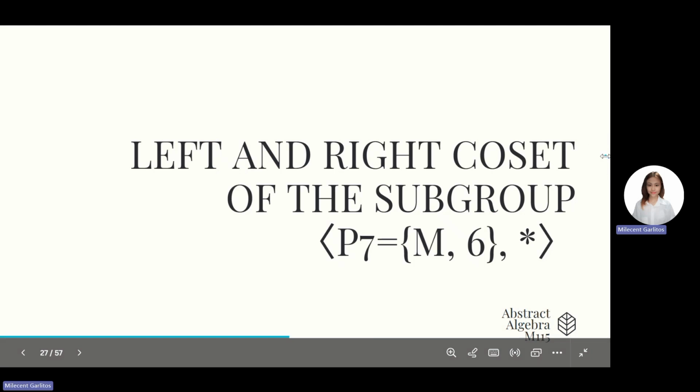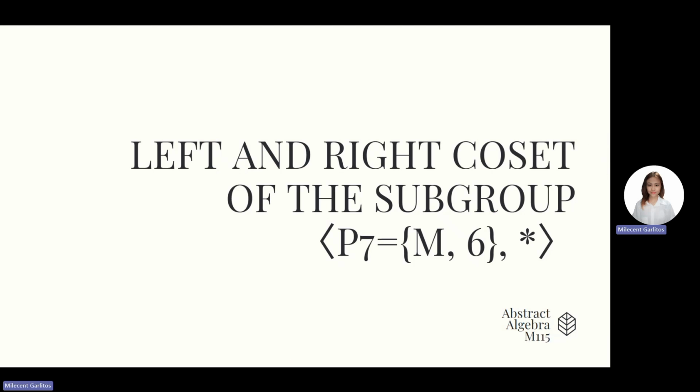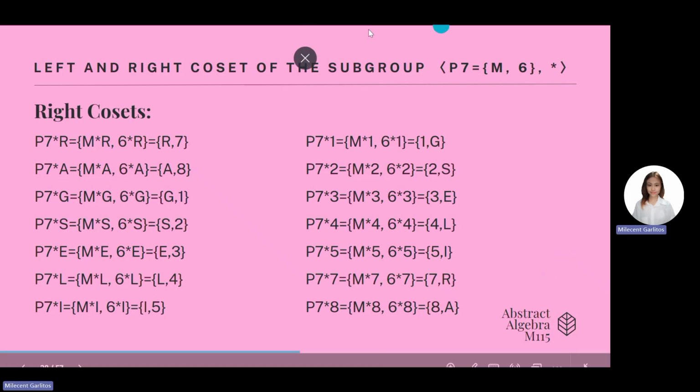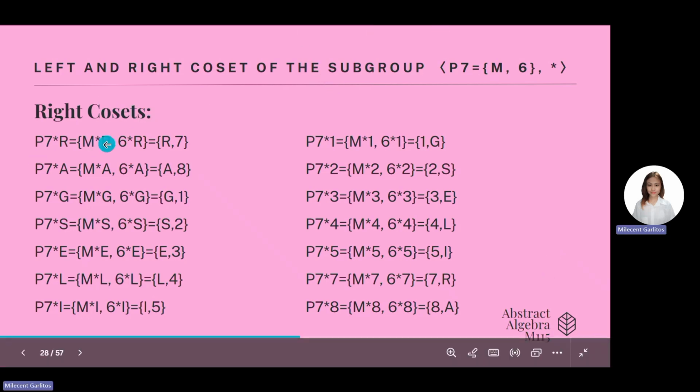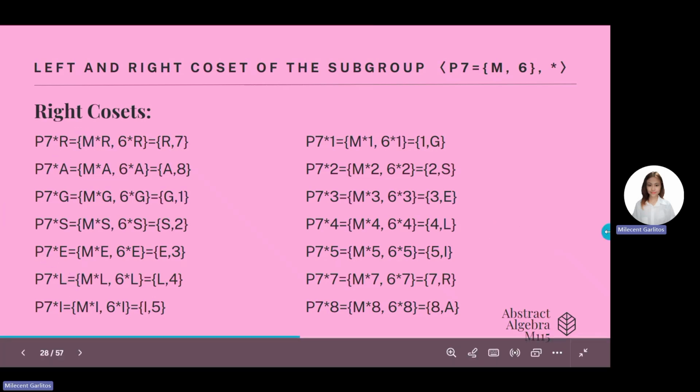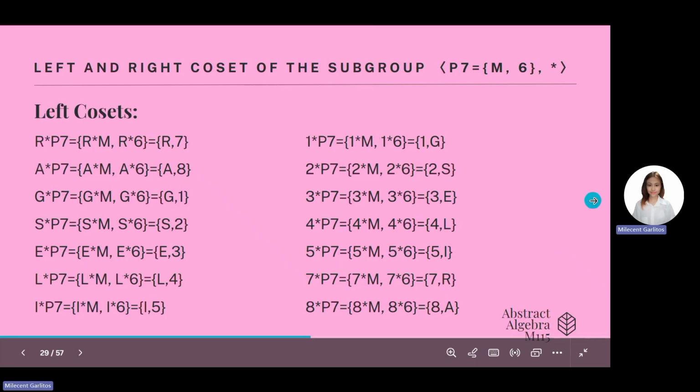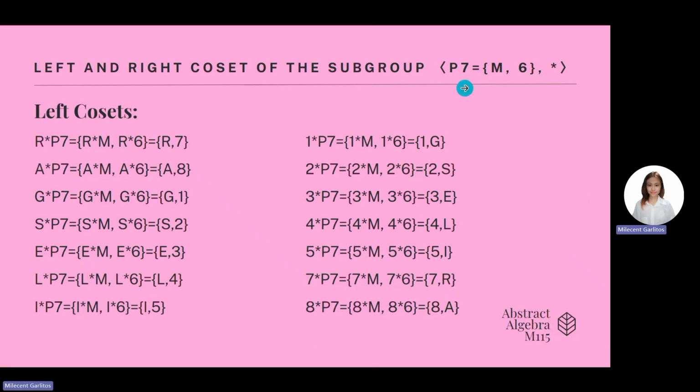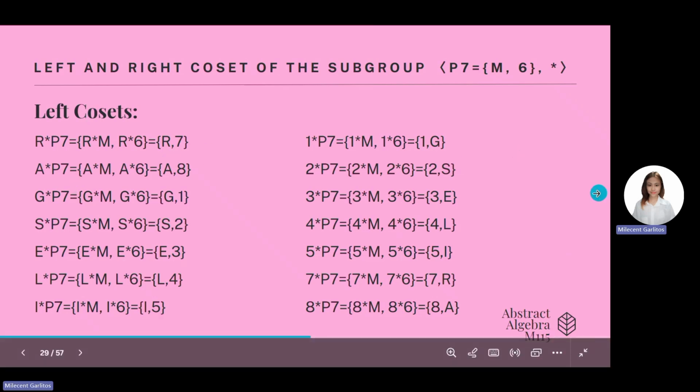Next one is the left and right coset of the subgroup P sub 7, which is the set of M and 6 under the binary operation star. So here we just perform the subgroup of P sub 7 to the right part of all the remaining elements. While on the left coset, we just perform the P sub 7 to the left part of all the remaining elements of the pink aurora algebra.